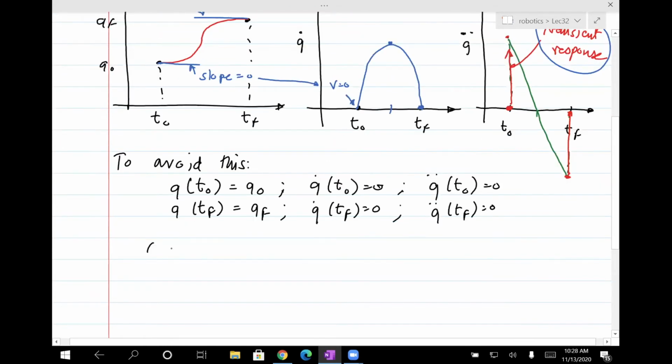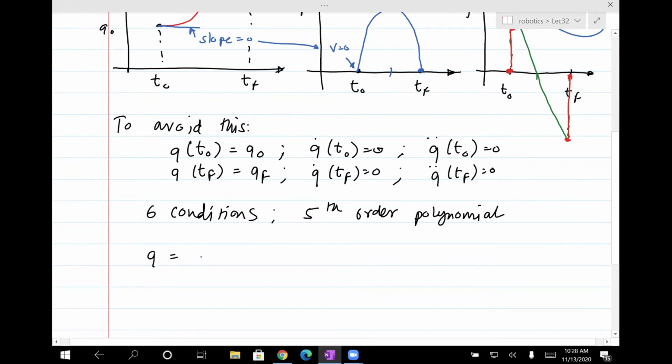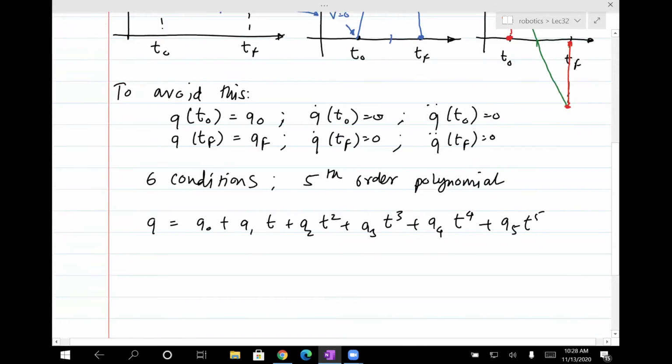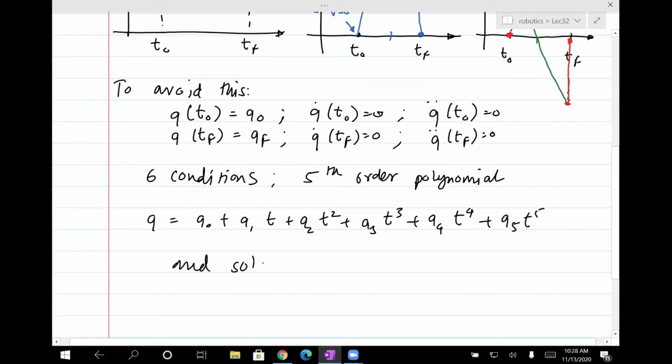So we have 6 conditions, so we'll have to write a fifth order polynomial, something like this, and then solve for the a's. This is what we've done with the first two parts, and we do it for acceleration too, if you want the acceleration to be 0 at t0 and tf.